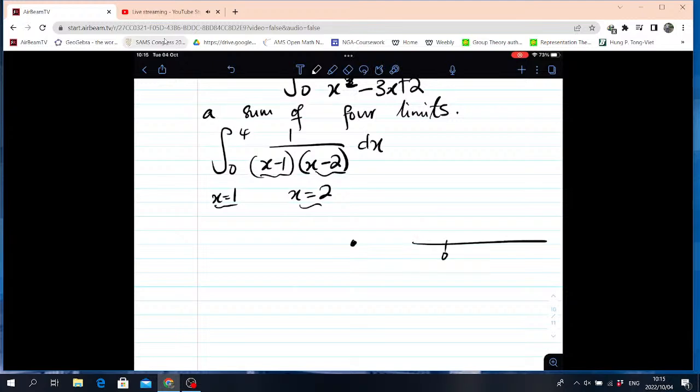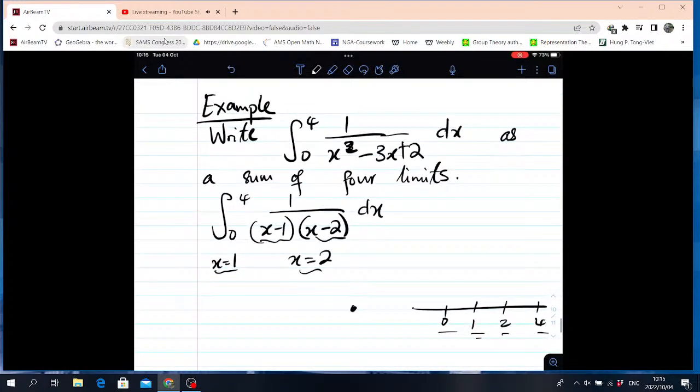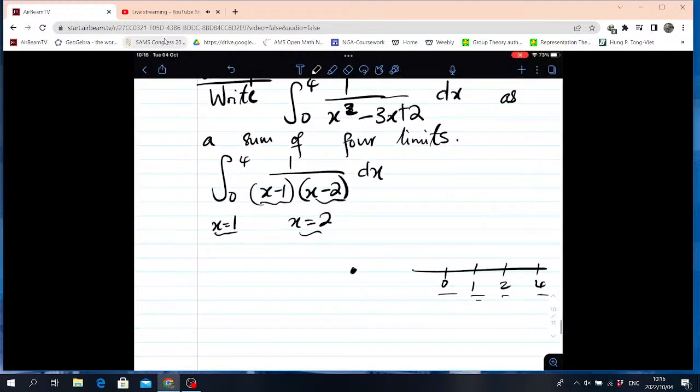We've got 0 there, we've got 1, we've got 2, and these are the points of discontinuity. So if you're going to write this integral as a sum of 4 limits, you want something with 0 and then perhaps 1.